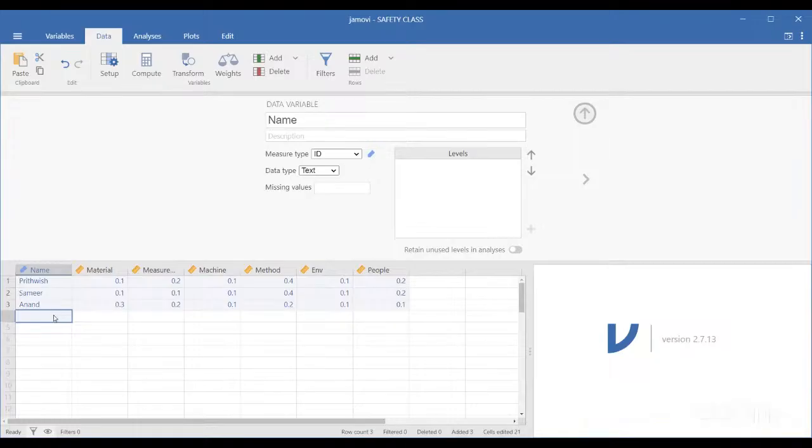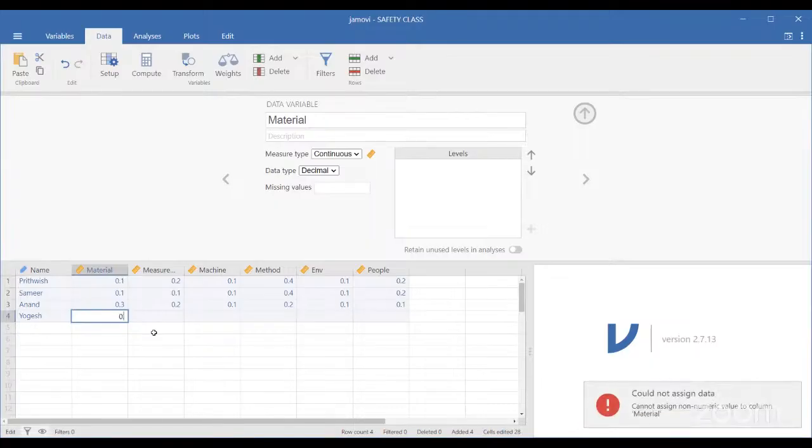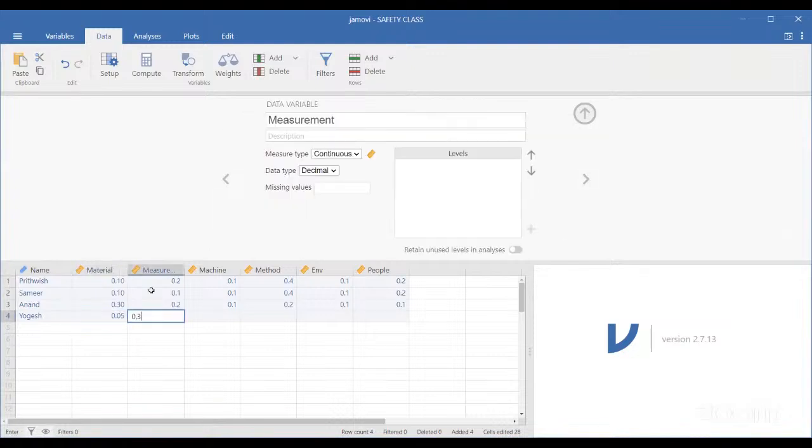From my side, sir, Yogesh. For material 0.05, not 5, 0.05. For measurement, it will be 0.3. And for machine, 0.05.